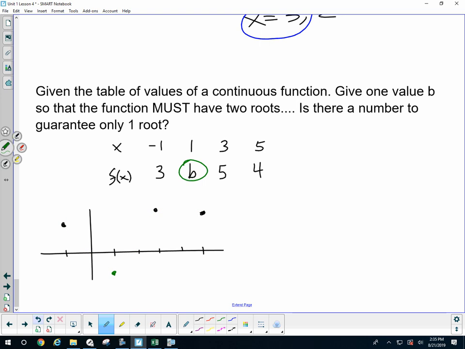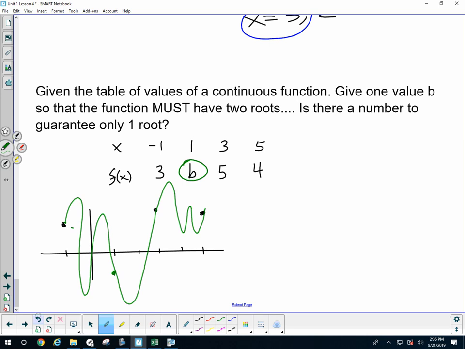Because could I connect these points, if it's a continuous function, this way? Does that still satisfy the table? This is very important because you will see lots of tables and lots of quizzes and tests. And if you think things go smoothly, you're not thinking about all the possibilities out there.